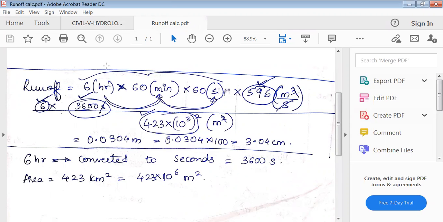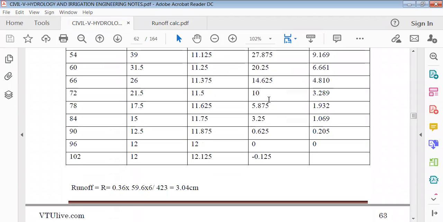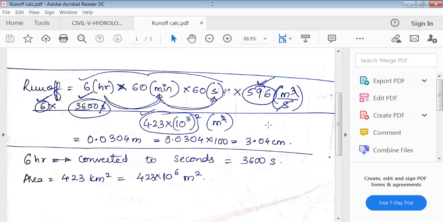I've told you, you have to add the direct runoff values. If you add this fourth column, you'll get a value of 596, the same 596 I have written here. Again, this 596 is in meter cube per second. Please write this in terms of units, so that you'll get to know how we convert the units finally into the centimeter value.